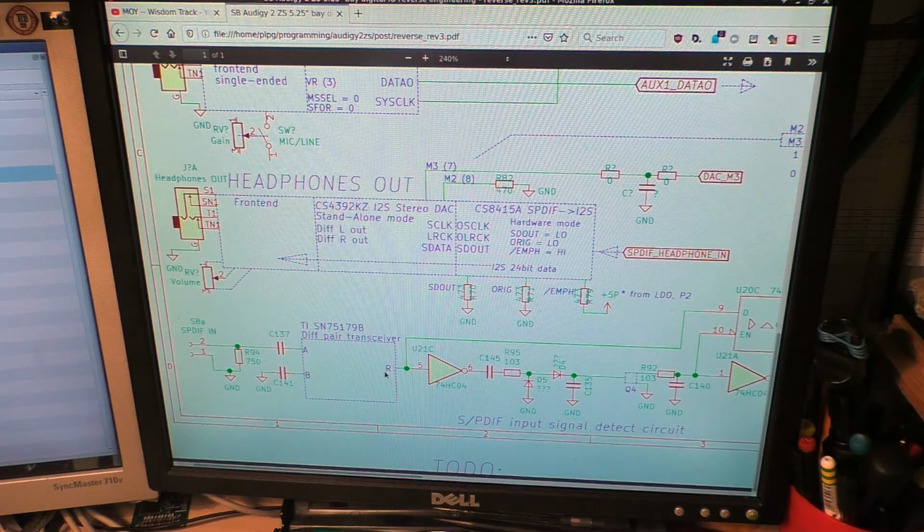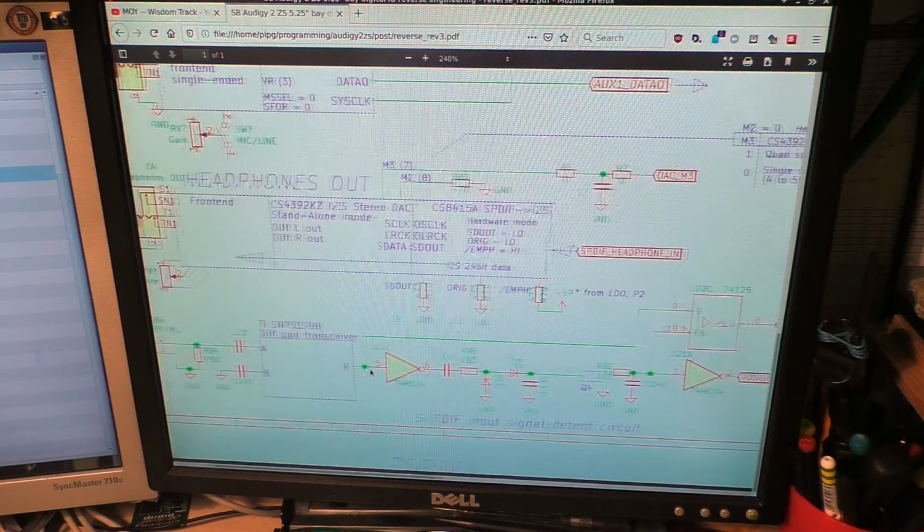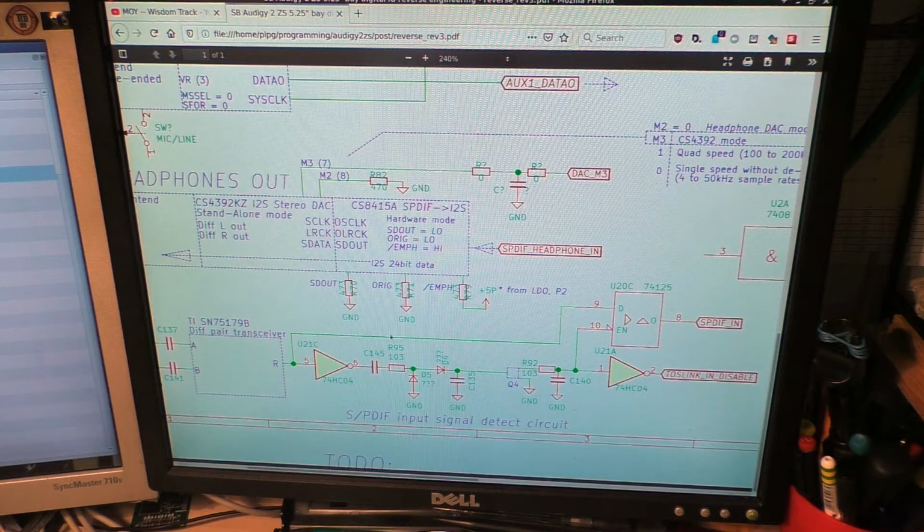The output from the differential pair transceiver forks over here, so one path goes into a similar buffer setup. This goes to a 74125, and the output from that goes to the SPDIF in. But there is also this clever circuit down here, which is essentially a signal detector.